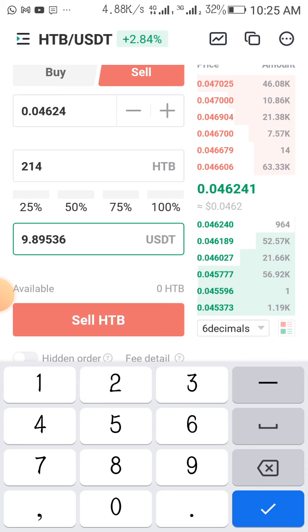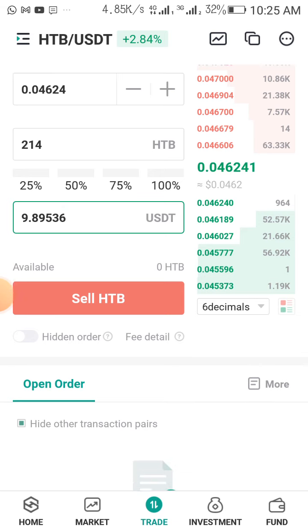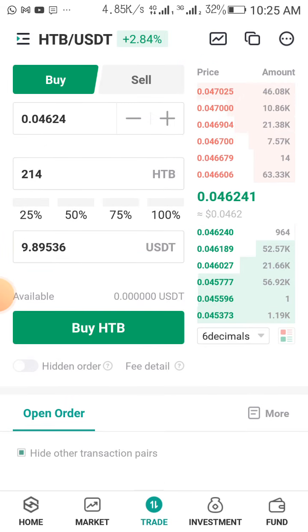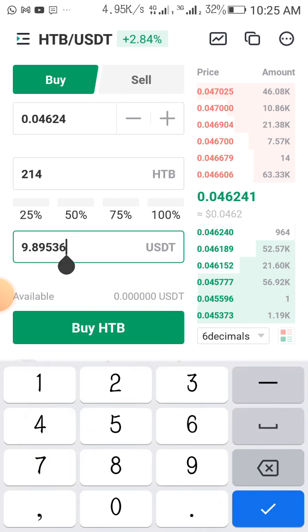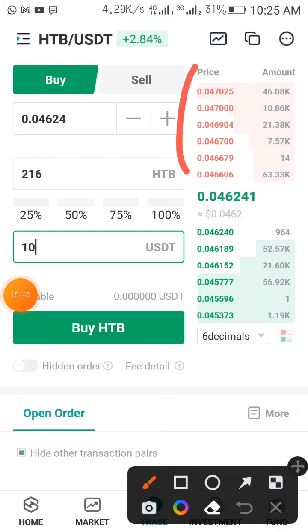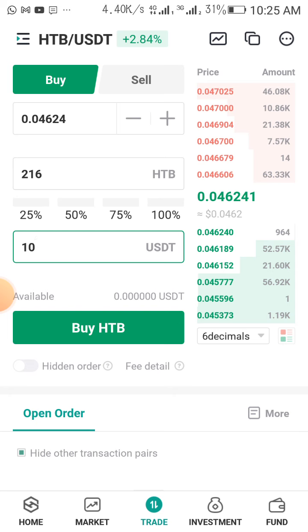So in order to avoid this kind of loss, if you're not that in need of the coin, what you do is, okay, I want to buy 10 USDT worth of HTB. I don't want to buy from any of these sellers over here, because I don't like their rates, and if I buy from them I might end up losing when I want to sell it off.